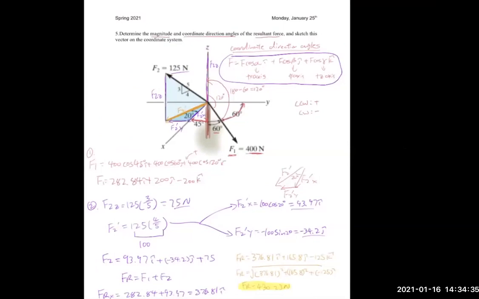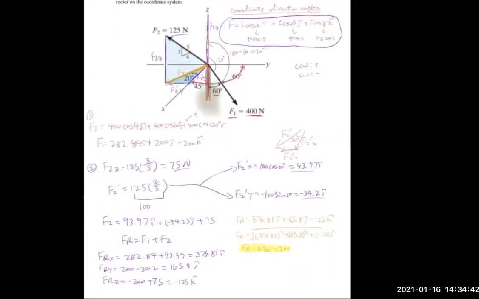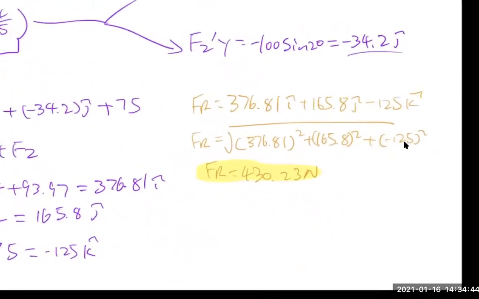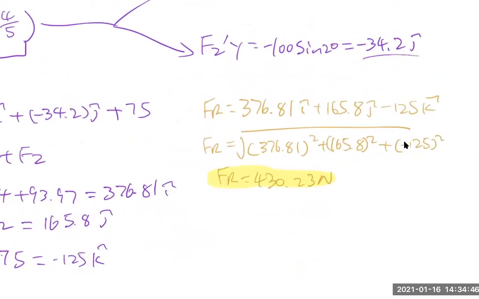But we also have to find the coordinate direction angles. So I have to find the direction. I don't have enough space, but I think I can fit it in a box right here. We have to find the direction of what alpha is, what beta is, and what gamma is. It's very simple.